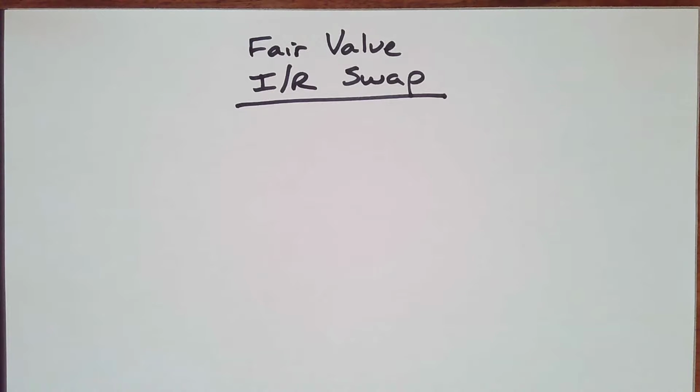Whoever has the credit risk, we have to build that in to come up with a fair value. So we're going to focus mostly on an income approach to determine fair value.